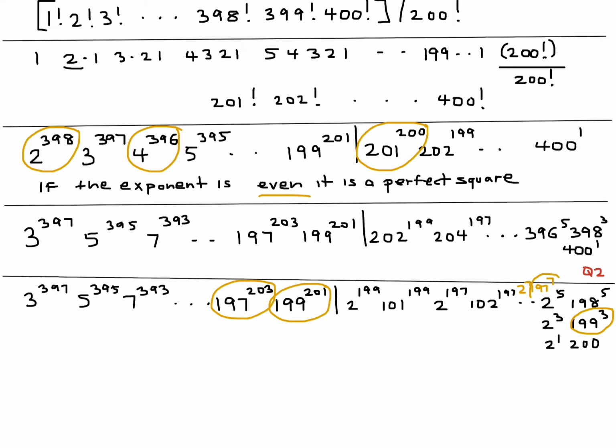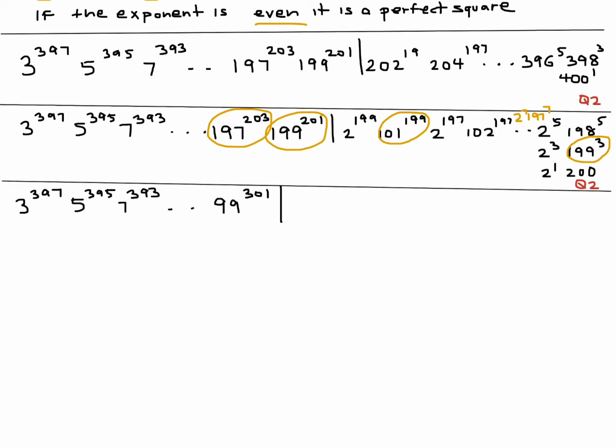So that 197 will combine with that. 7 plus 203 is 210, making it an even exponent. So as you can see, it'll combine like that. And eventually all of them that have an even base will combine. So 199, 197, 101, and all the way down to 101.